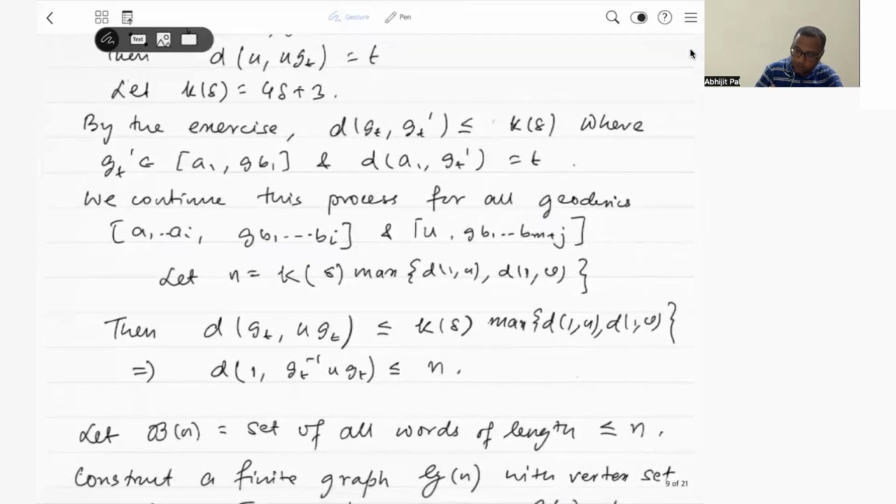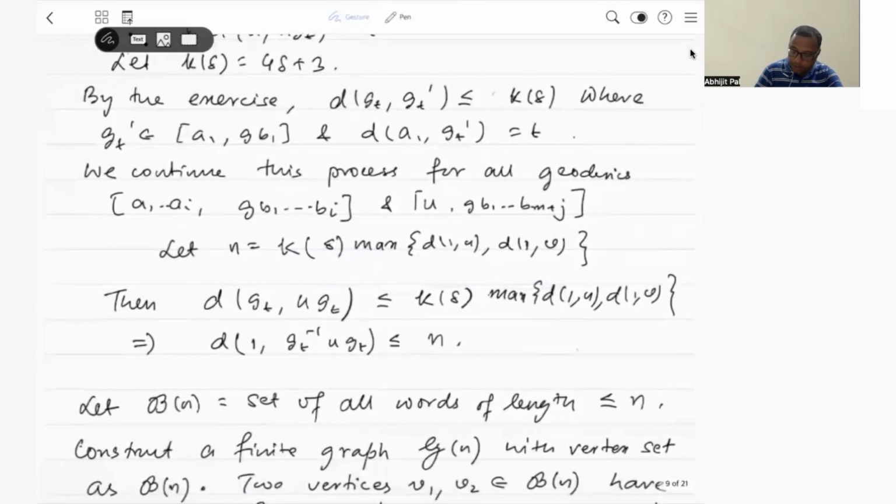Let us take this n to be equal to K delta times the maximum of the distance between 1 and u and the distance between 1 and v. So what we have seen is that the distance between g_t and u g_t will be less than or equal to K delta times the maximum of the distance between 1 and u and 1 and v.